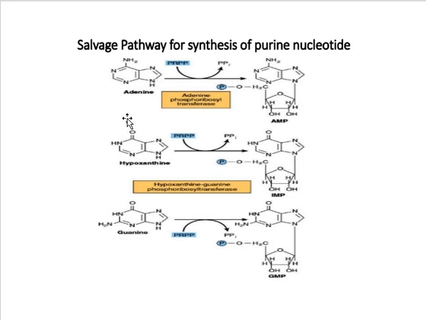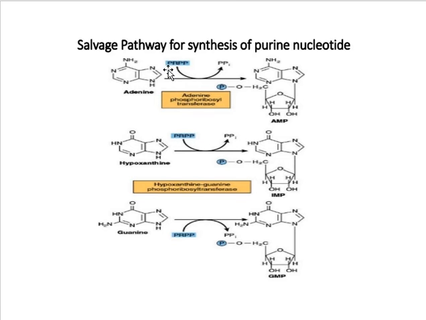This is the diagram which shows the salvage pathways, the phosphoribosylation of the bases adenine, hypoxanthine and guanine. The adenine reacts with phosphoribosyl pyrophosphate, PRPP.